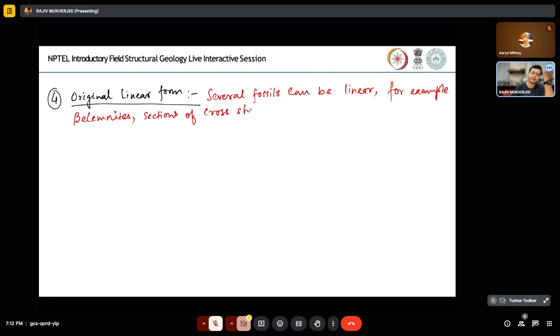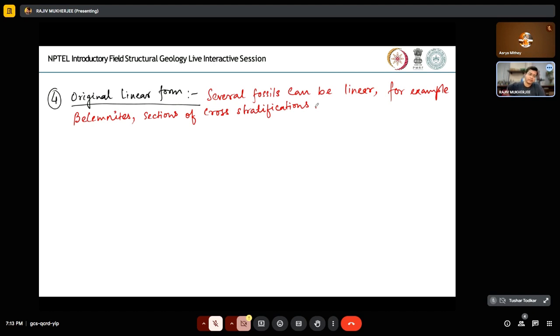And then again there can be sections of cross stratification. So cross stratification or ripple marks, right? You know that current ripples in particular sections would form these linear structures, and their deformation would change the shape.